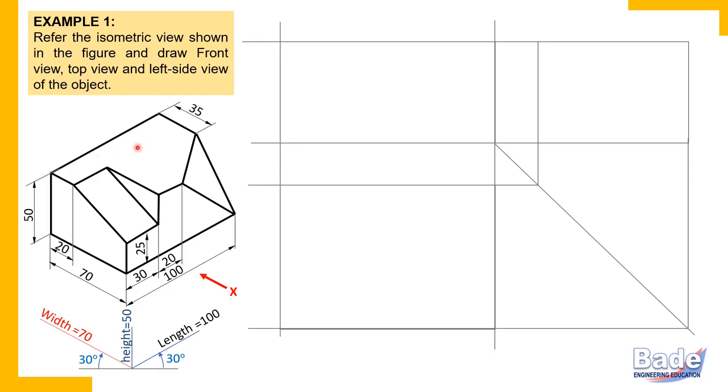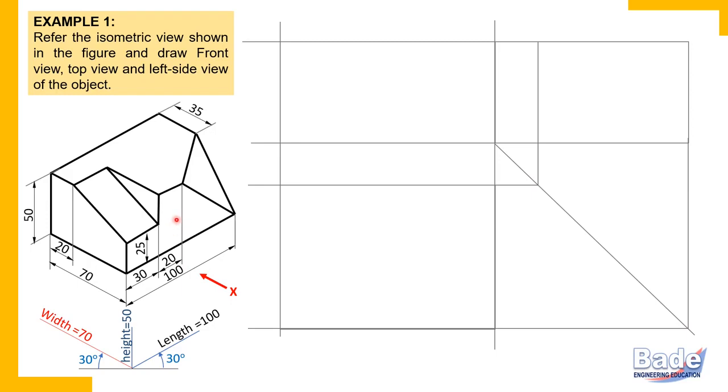So the surface which shows a true shape in one view, in the other two views it appears simply as a line. This surface shows true shape in the top view, the view in which length and width are. That means in the other two views, this surface appears as a line.